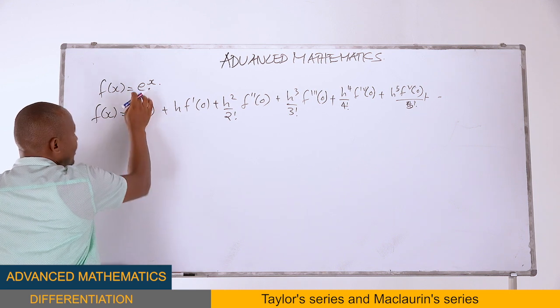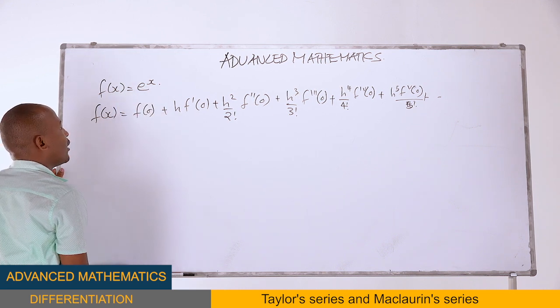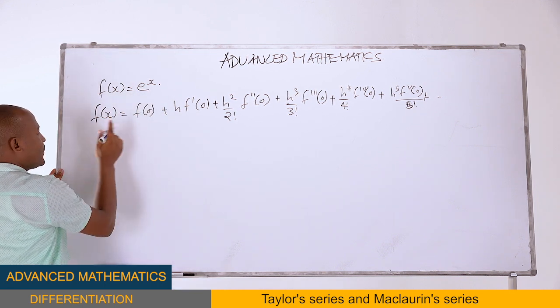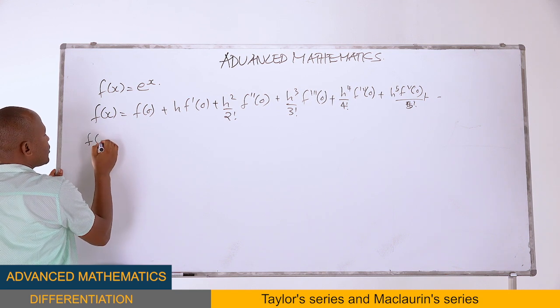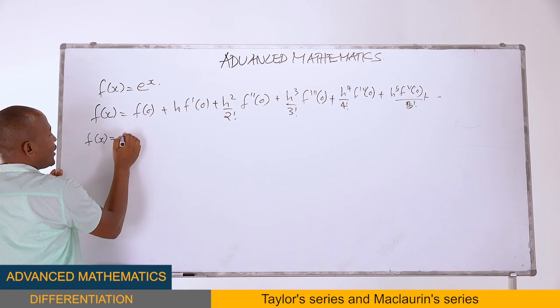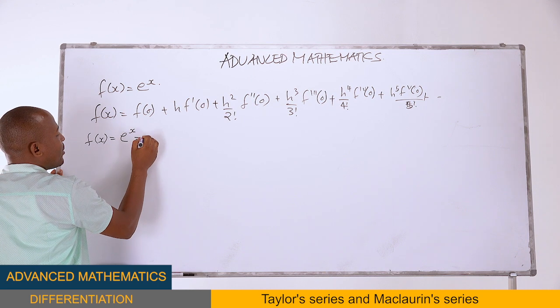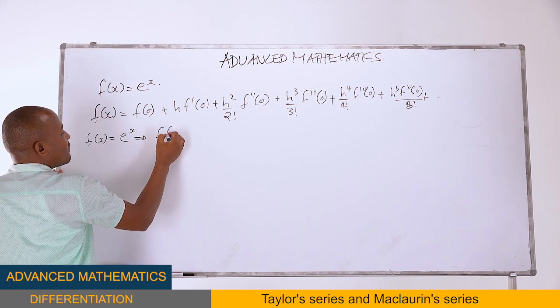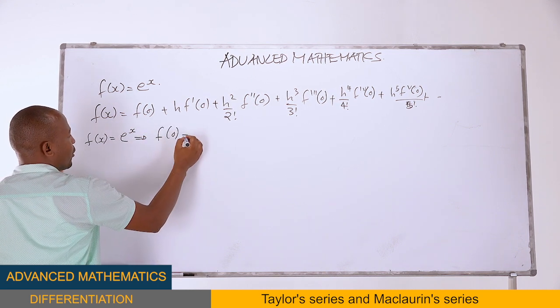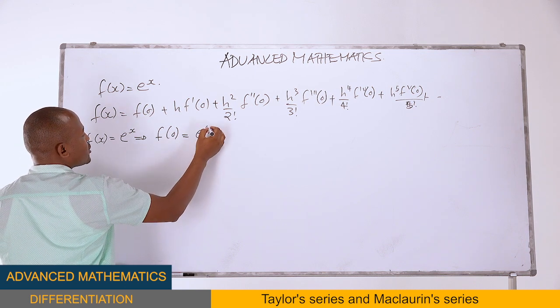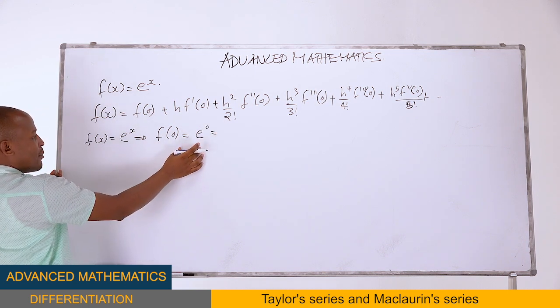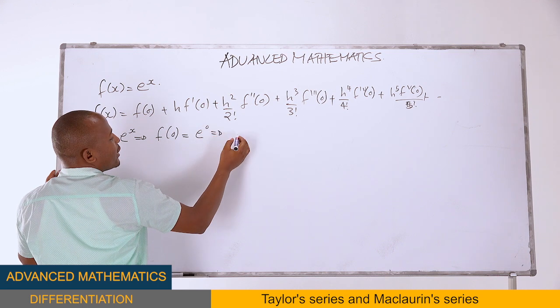But specifically, the series for e raised to x. That is to say, our function equals what? E raised to x. It implies when we evaluate at 0, we are going to have e raised to 0. And we know that any number raised to 0 equals what? Equals 1.